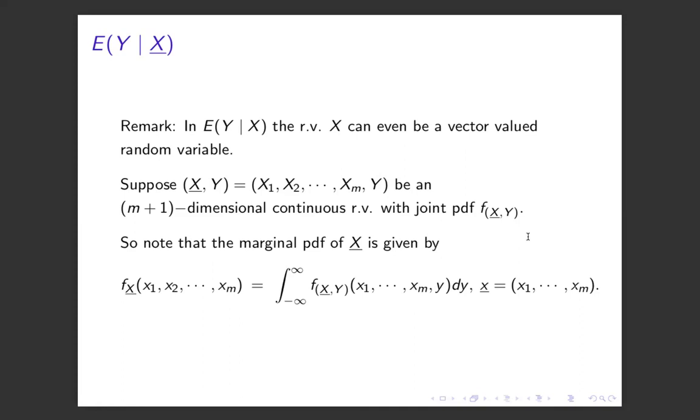The marginal PDF of x underline, you would have seen it in your probability course. You just integrate out the y variable. Take the joint density of x bar and y and integrate out y. What you get is a function of the other m variables, and that precisely is the marginal PDF of x underline.